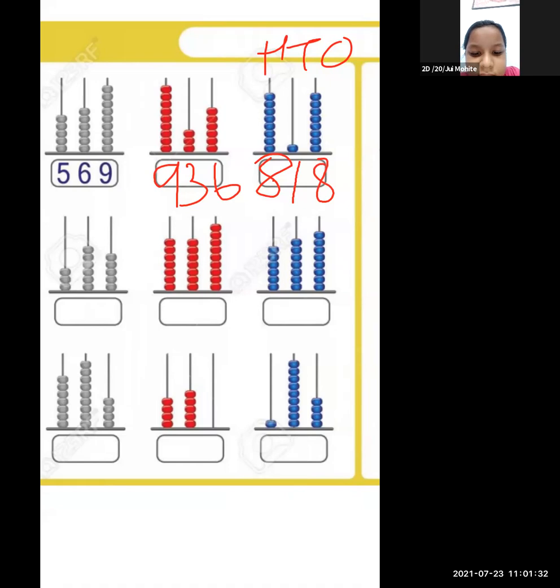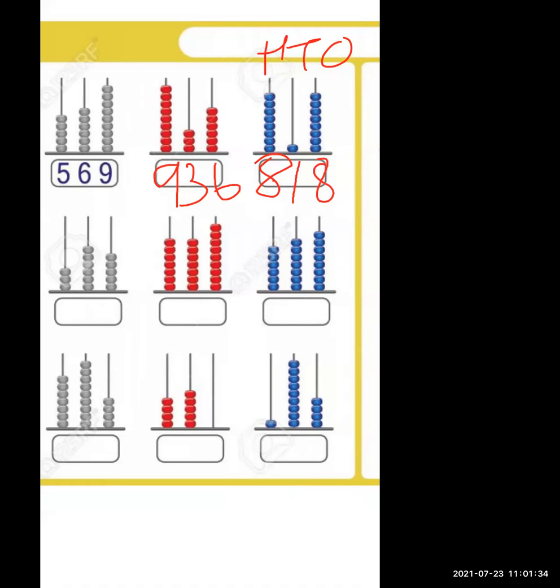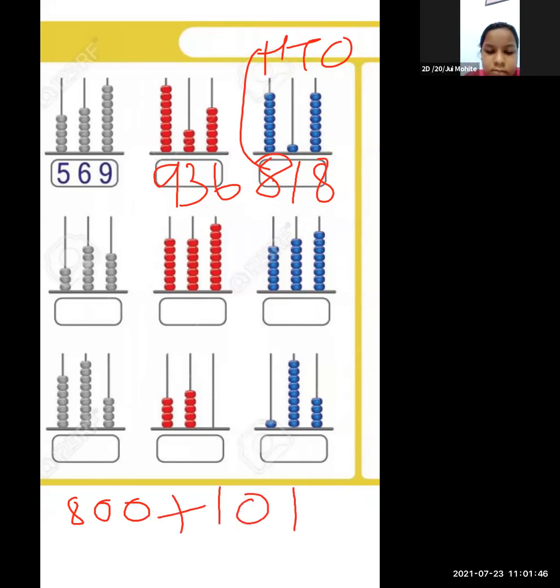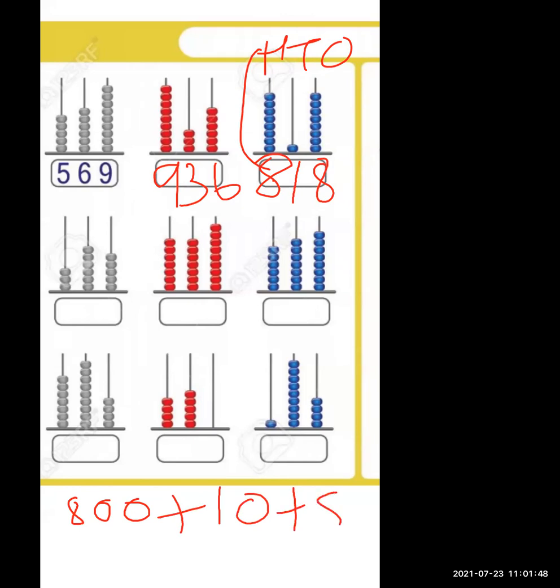818. So how do we expand this number? 800 plus 1 ten. How do we write 1 ten? It means 10, and 8 ones. So this way we expand the number. What is the place value of the 8?